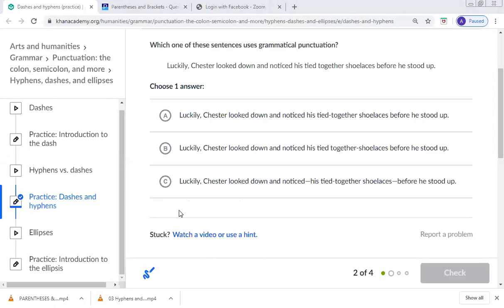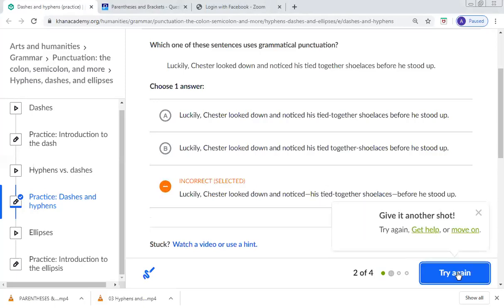Okay, as you like it. Even if you said D, I don't mind. No, there is no D. I'm just kidding, Mahallawi. Okay, read it, Mahallawi. Luckily, Chester looked down and noticed his tied together shoelace before.